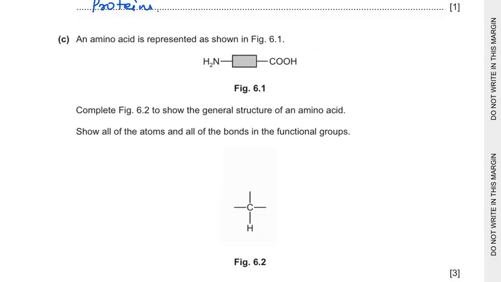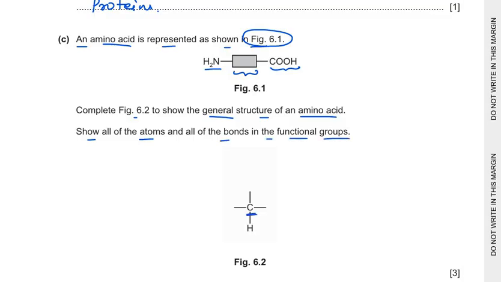The C part is an amino acid is represented as shown in figure 6.1 here. So there is some carbon chain in between, with an amine group on one side and the carboxylic group on the other side. Now complete figure 6.2 to show the general structure of an amino acid. Show all the atoms and all the bonds in the functional group.